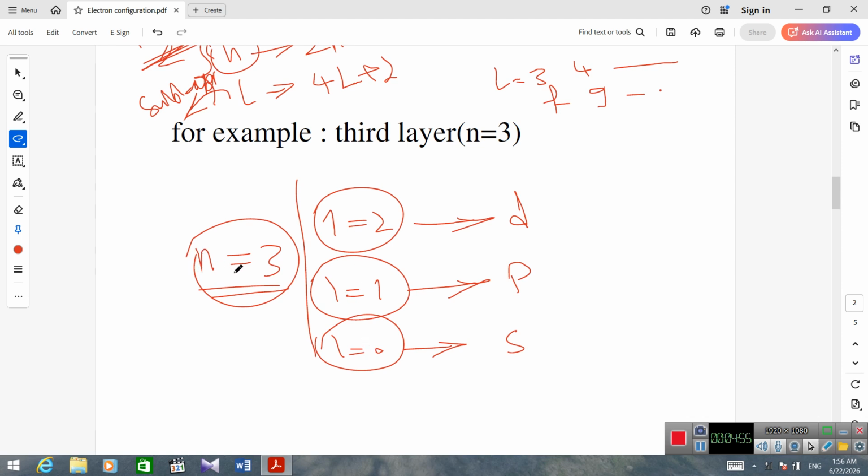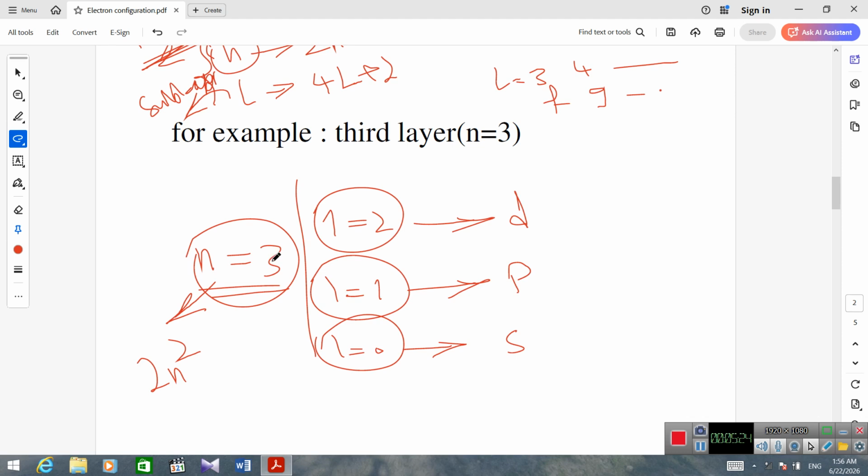When n is equal to 5, we must have 5 sublayers, and similarly for the others. The number of sublayers in each layer is equal to the principal quantum number, and as I said, the maximum number of electrons in one layer is given by 2n².